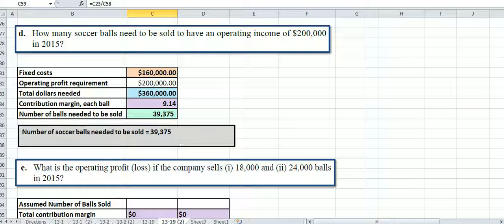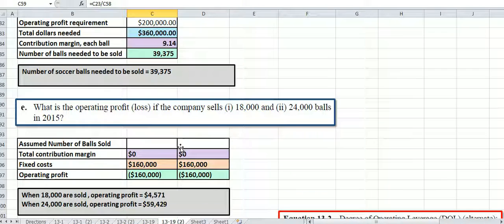Okay. Now, the next thing we have to say is what would be the profit or loss if the company sells 1,800 balls or 18,000 balls or 24,000 balls in 2015.